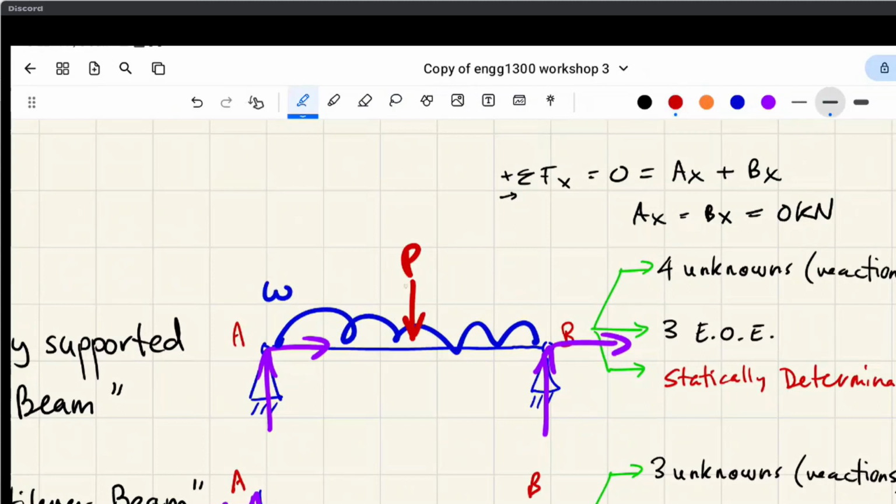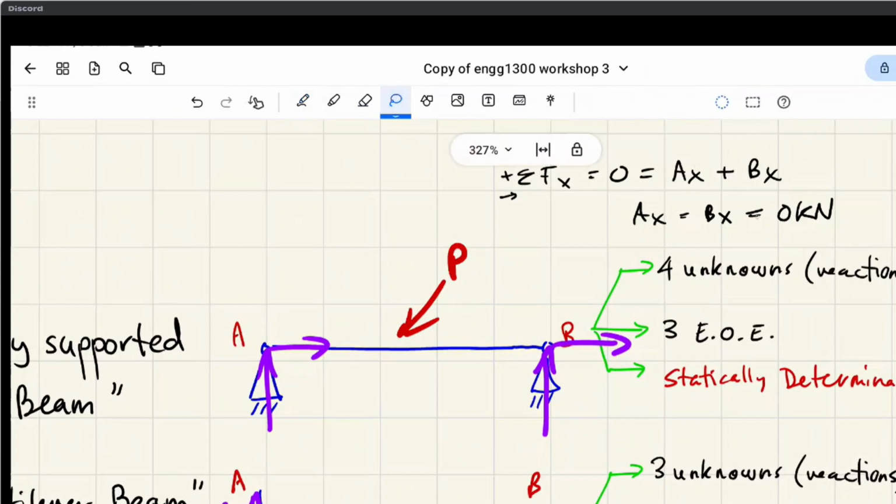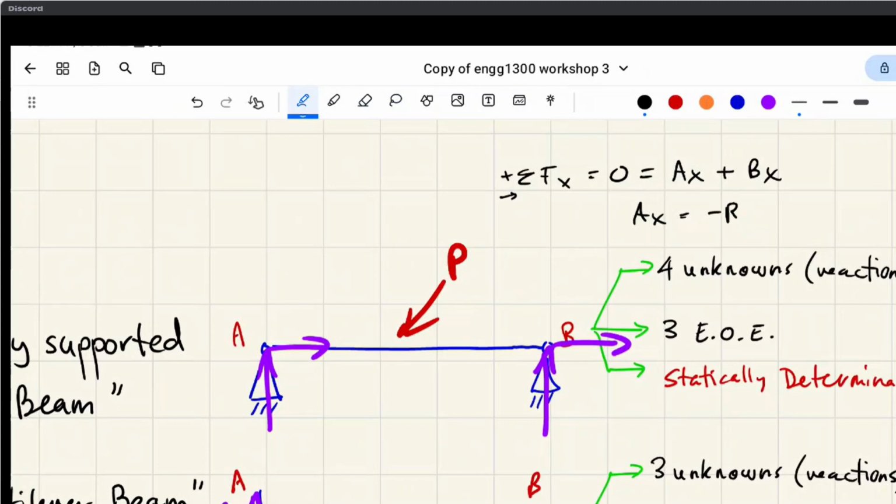As soon as we introduce a diagonal force, something like this, right? All of a sudden, all we know is that Ax is equal to negative Bx, right? That this reaction and this reaction are just opposites of each other. Oh, sorry, my bad. That's not complete. What we know is this minus P cos theta.